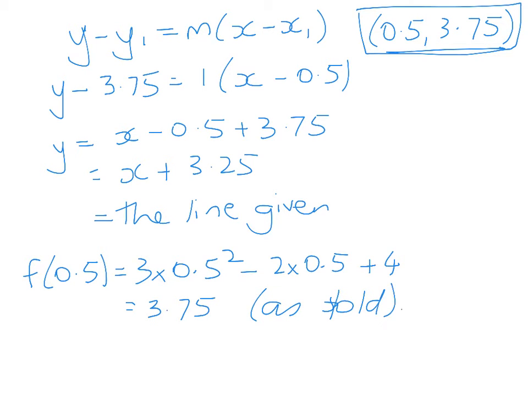Okay, so that's that one. So it's quite a clunky question. It's not that hard. The schedule's got another way that they showed, so you can have a look at that. But I think it's easiest just to figure out the equation of the tangent for that equation, and show that it's what you were given.